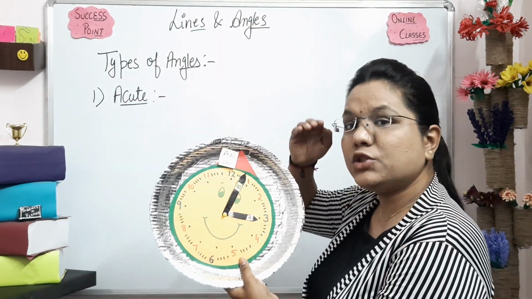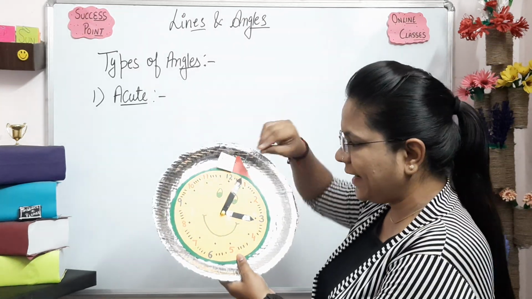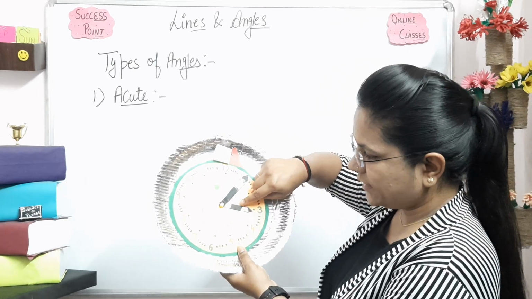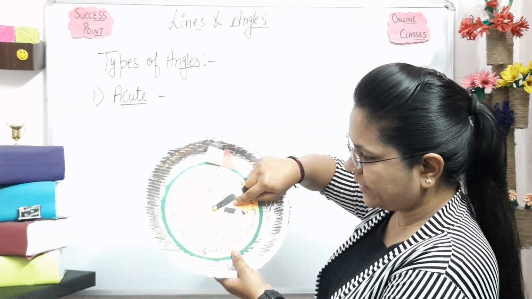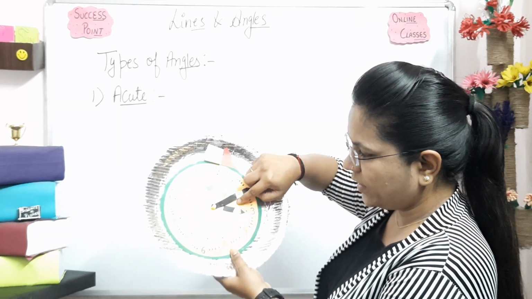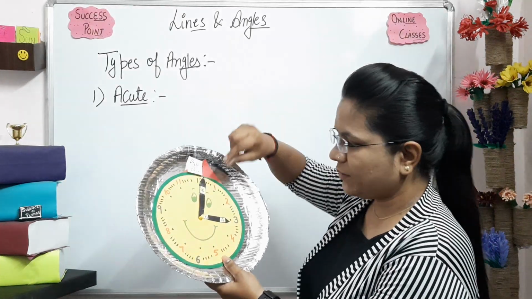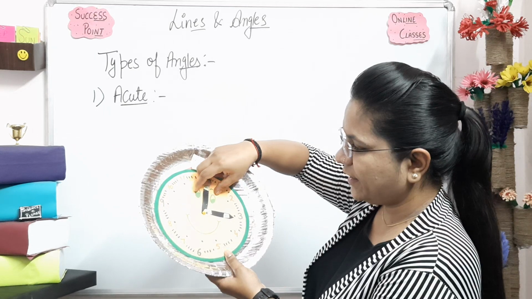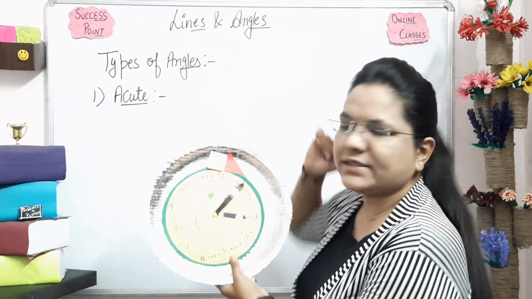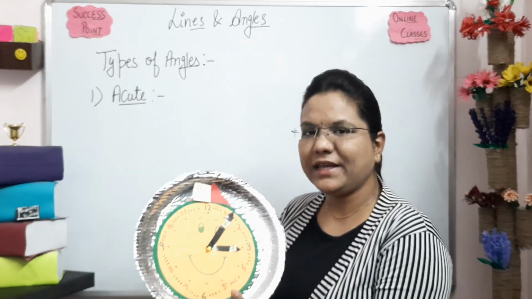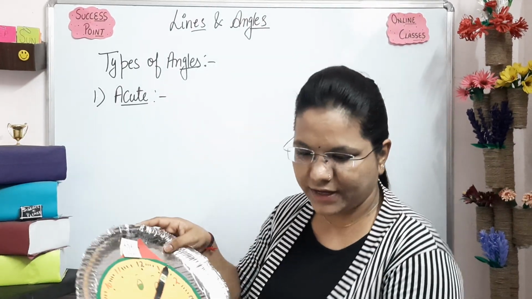No, this is smaller than 90 degrees. So all these angles, like this angle or this angle or this one, we can call acute angles, because they are not 90, they are less than 90. Whenever we get values less than 90, we call them acute angles.